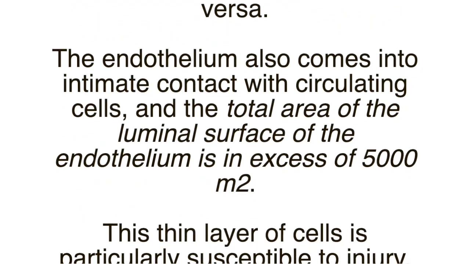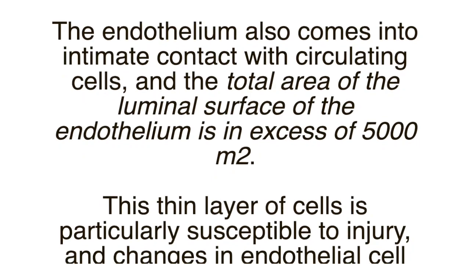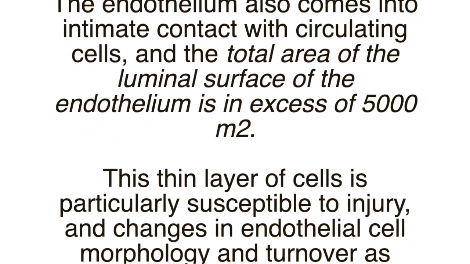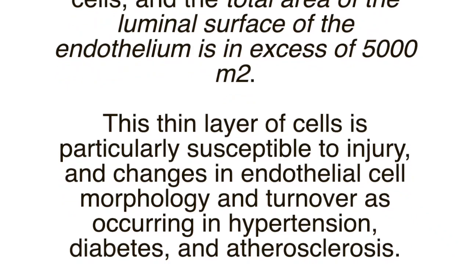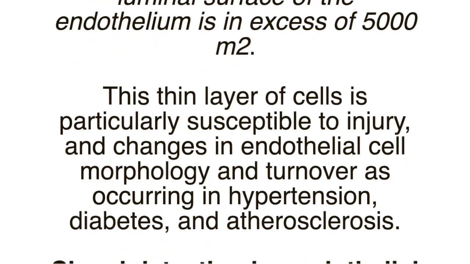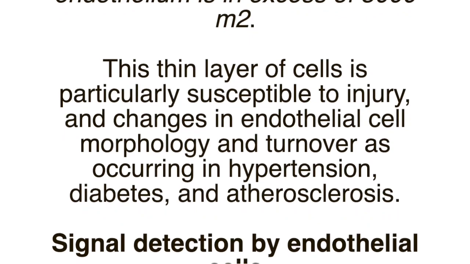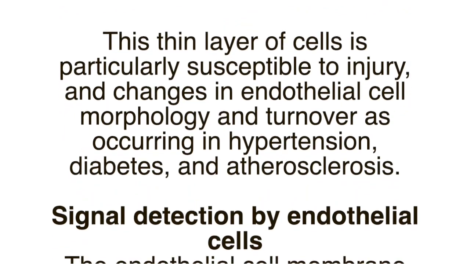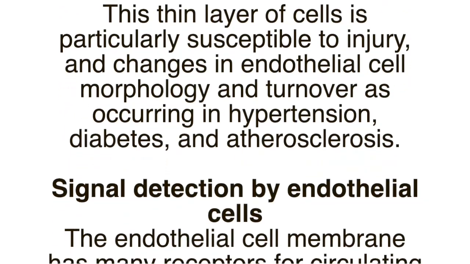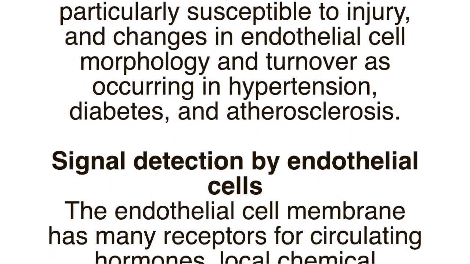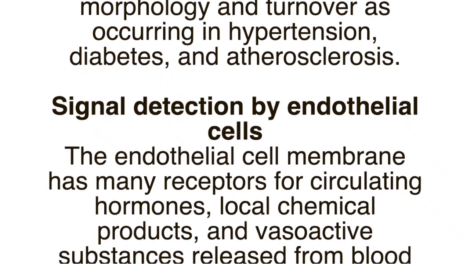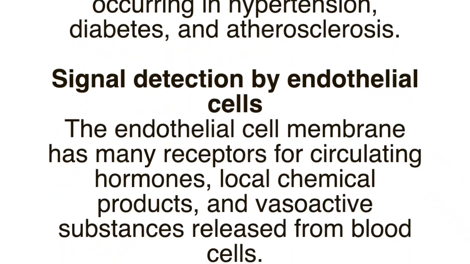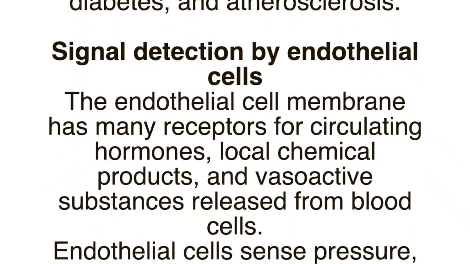The endothelium also comes into intimate contact with circulating cells, and the total area of the luminal surface of the endothelium is in excess of 5000 square meters. This thin layer of cells is particularly susceptible to injury and changes in endothelial cell morphology and turnover, as occurring in hypertension, diabetes, and atherosclerosis.